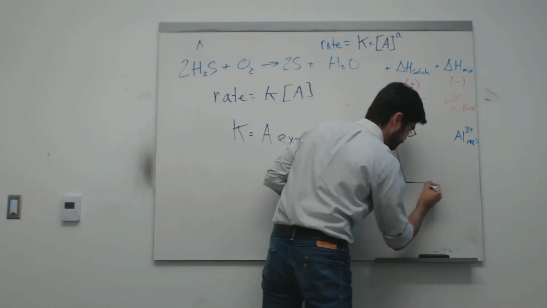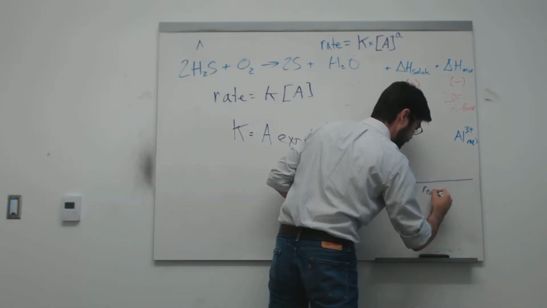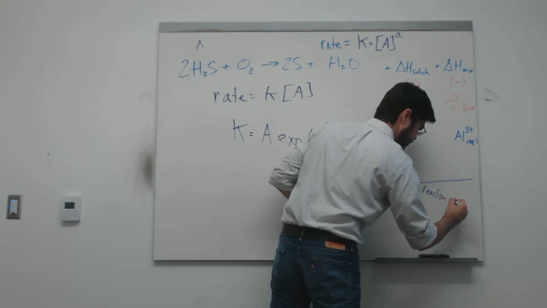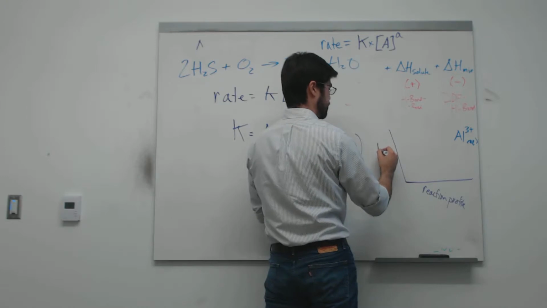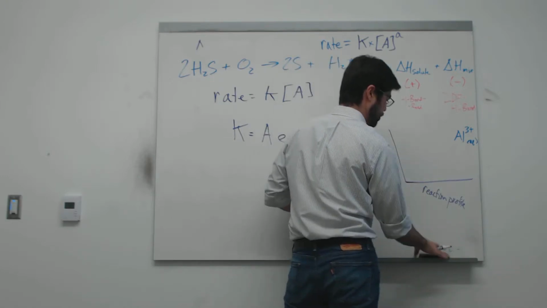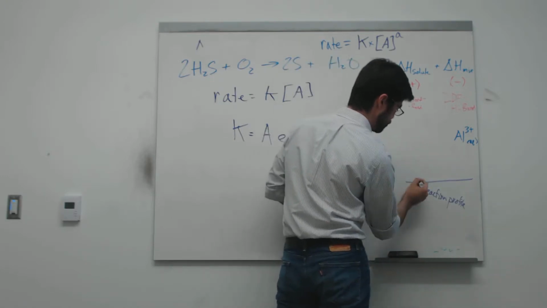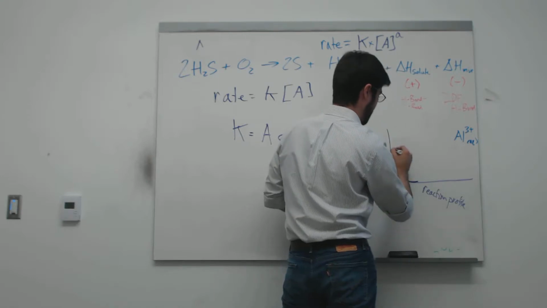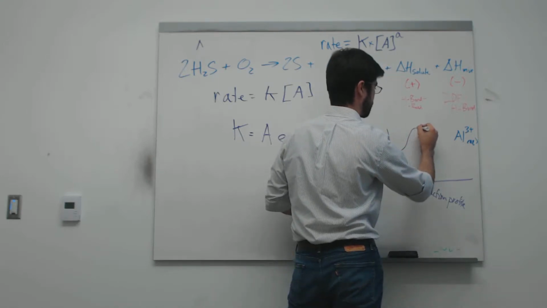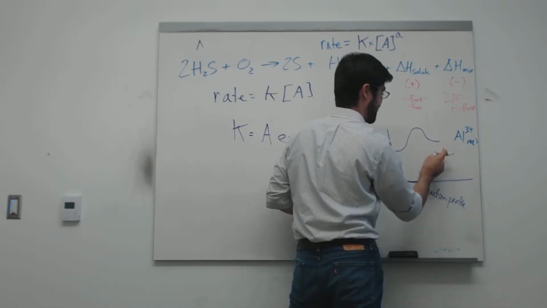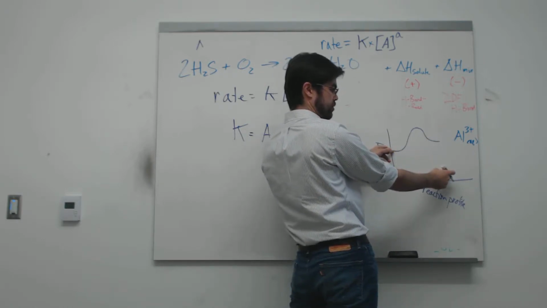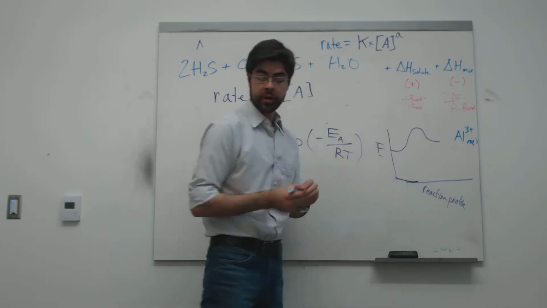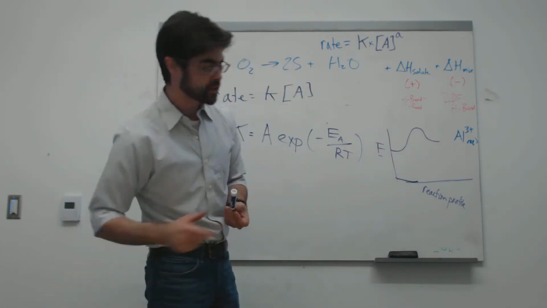So if you have a reaction profile, and you have the energy, as you go from reactants to products, your energy is always going to go up before it comes back down. Whether it ends up being a net endothermic or net exothermic process doesn't matter in terms of predicting the activation energy.